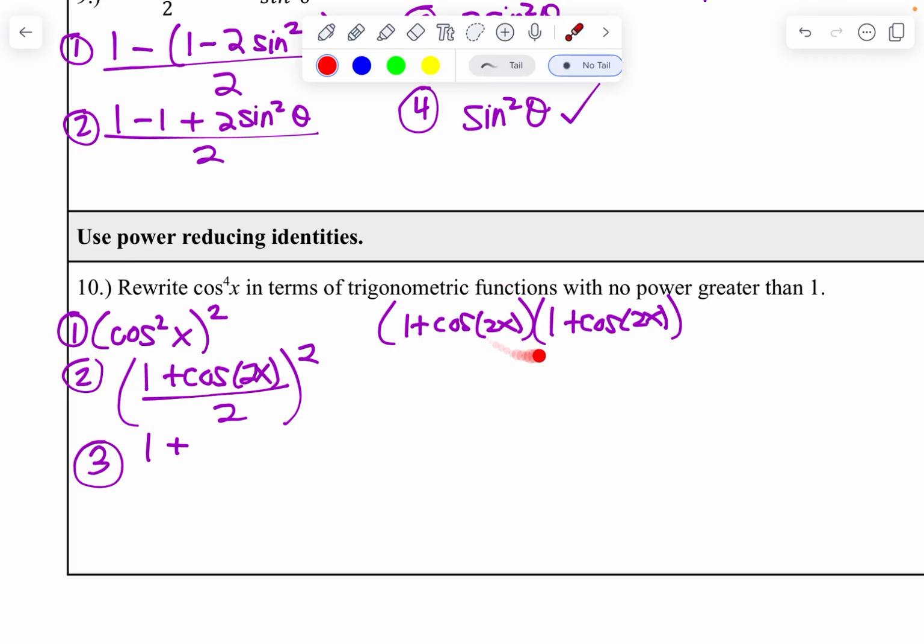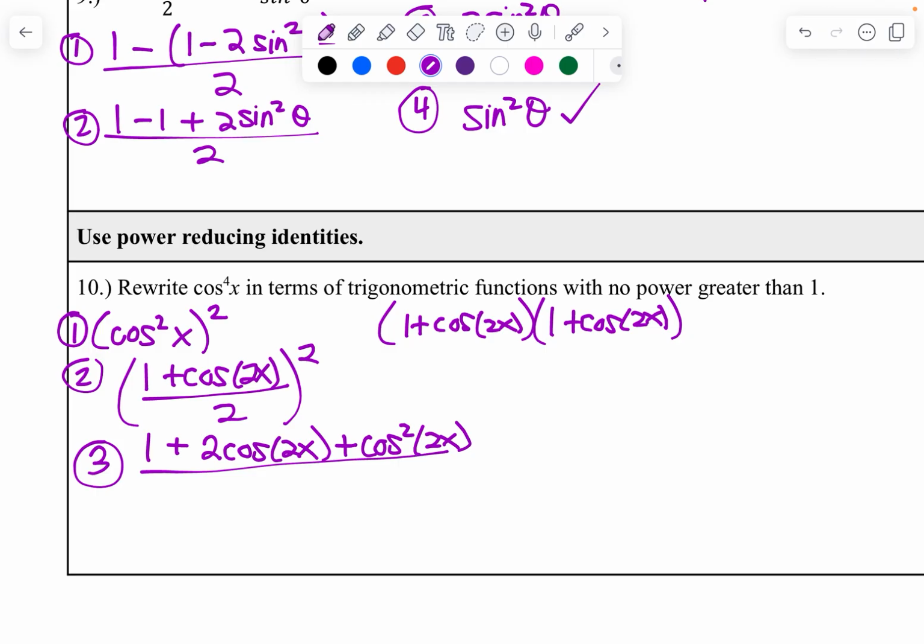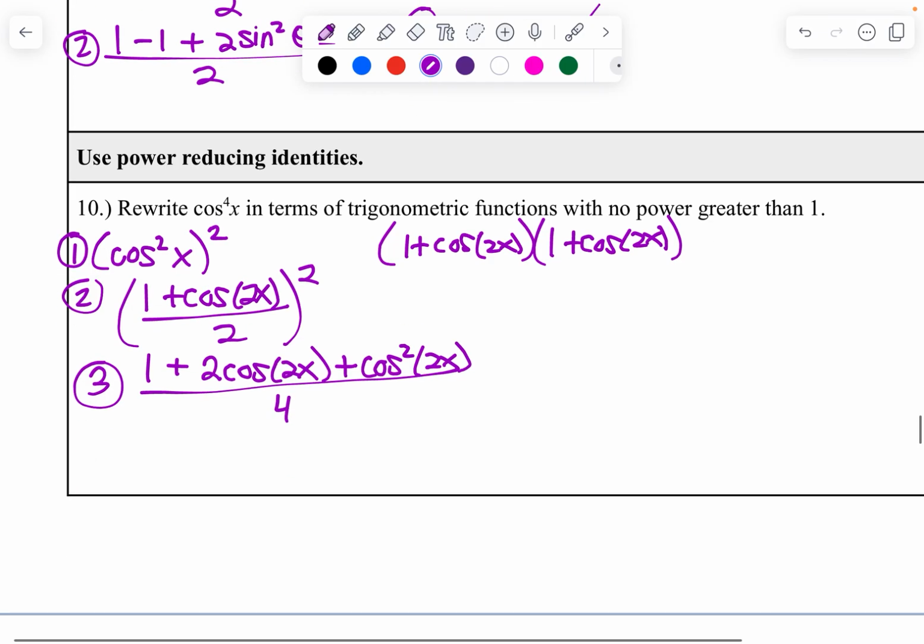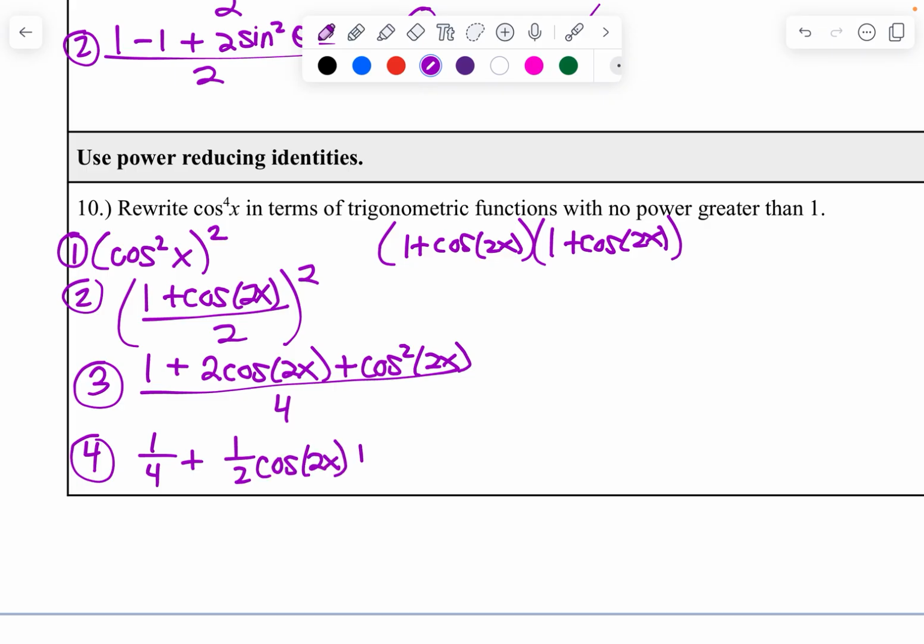We'll have cosine of 2x plus cosine of 2x, so it's 2 cosine of 2x, and then plus cosine squared of 2x. And then in the bottom, 2 squared gives us 4. Okay, so if we individually divide, we have 1/4 plus 1/2 times the cosine of 2x plus 1/4 times the cosine squared of 2x.